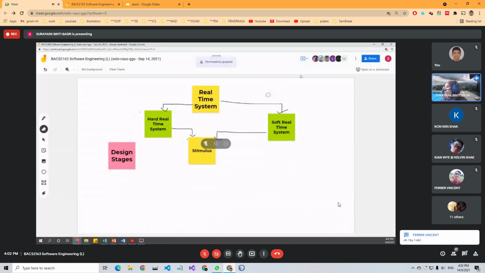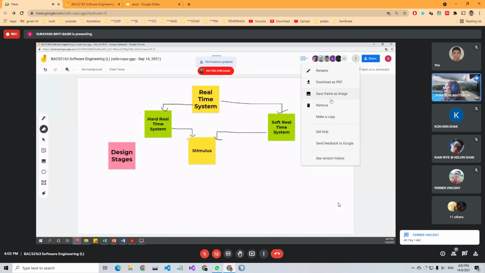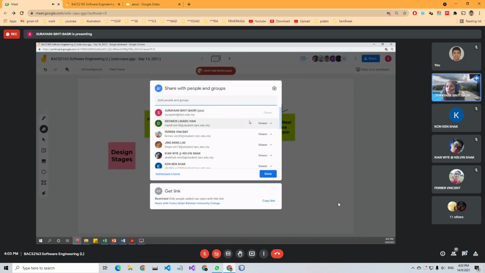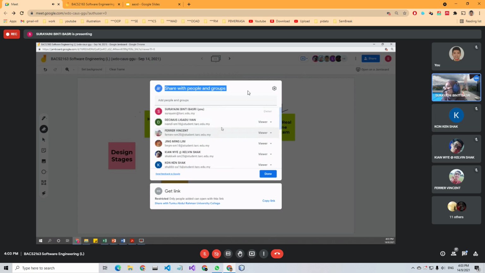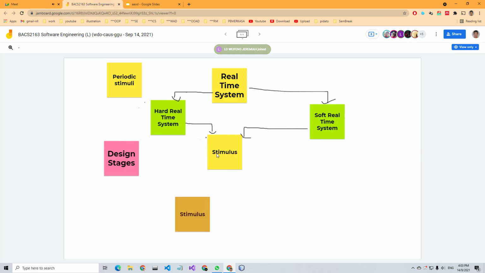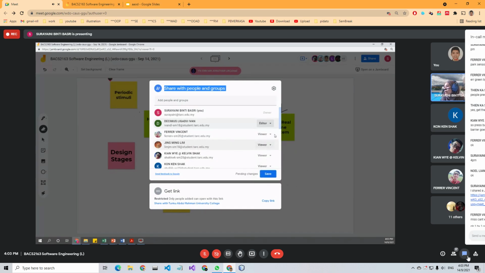While we are waiting for them, I will give access. Okay, so Wong and Celine, please put the two types of stimulus. And then we have also learned... you all can access if I open this.